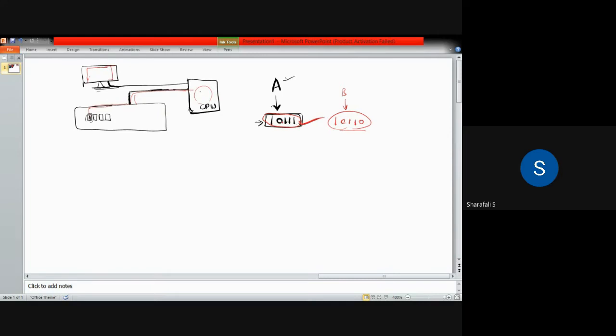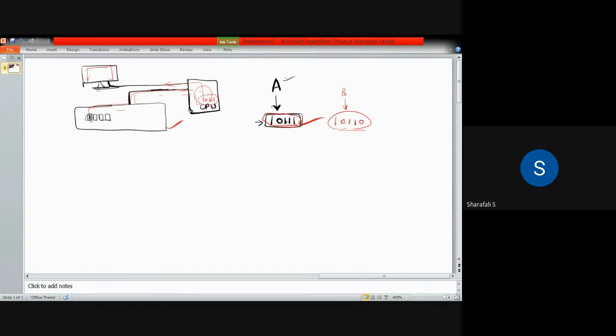So here, 10111 is going to this CPU, and the CPU will send the corresponding signal to your monitor with the help of the arithmetic and logic unit and all those things. It will understand this is coming from the keyboard. Along with this code, there will be additional codes which recognize that it is coming from the keyboard.